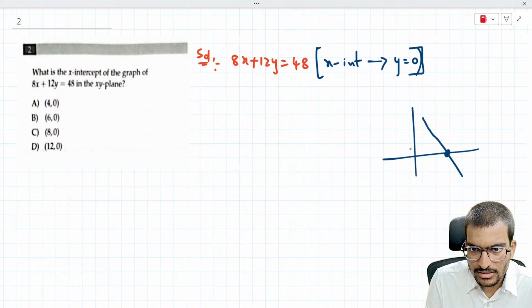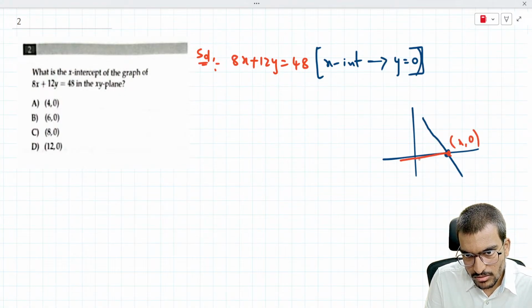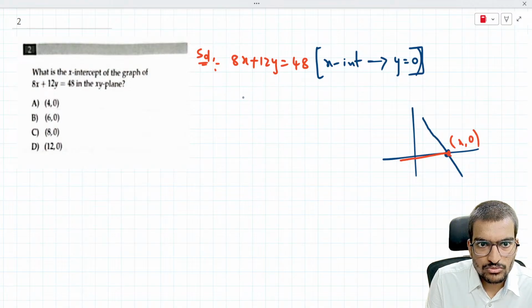That's what the x-intercept is. So here, the y value must be 0. So I just substitute y value 0 and I get the value of x.